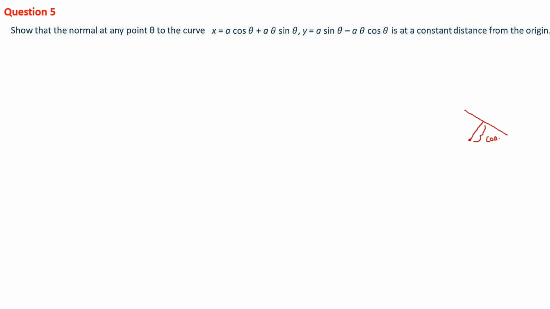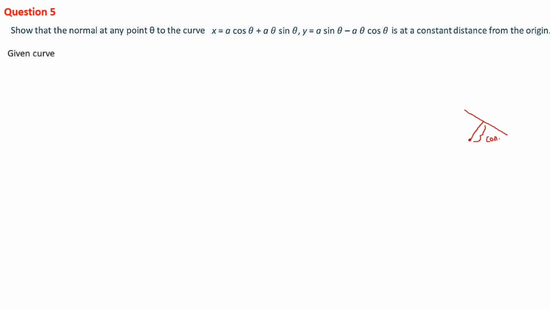Then by using the slope of the normal and the point, using point slope form we can find the equation of the normal. Once the equation of a line is with us, in class 11 we have learned how to find the distance of a line from the origin. By using that formula we will find the distance. That is our plan.